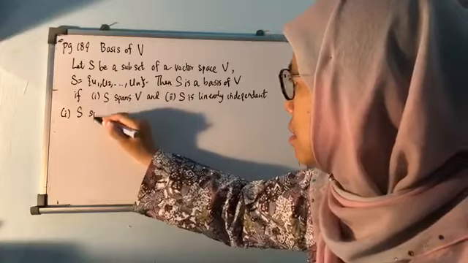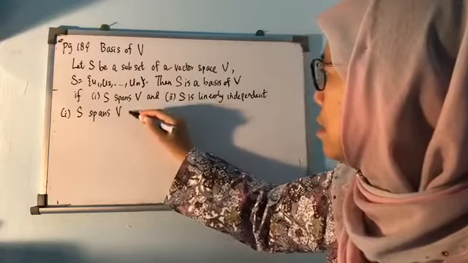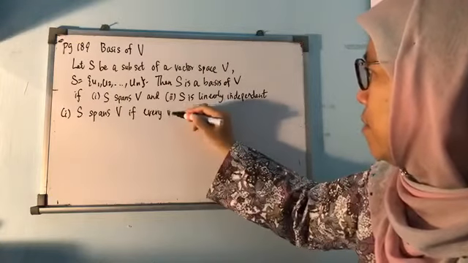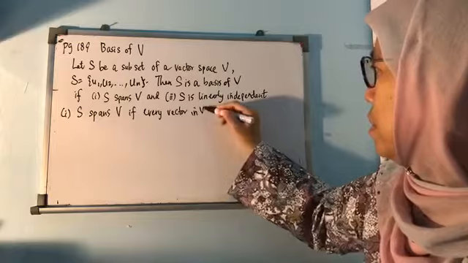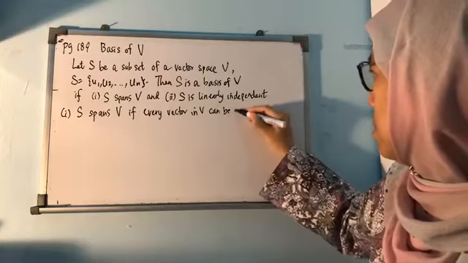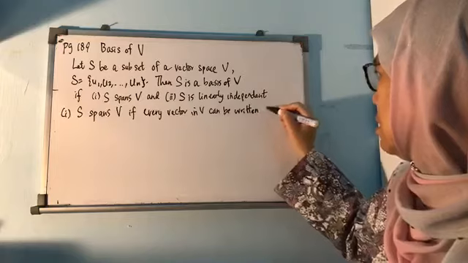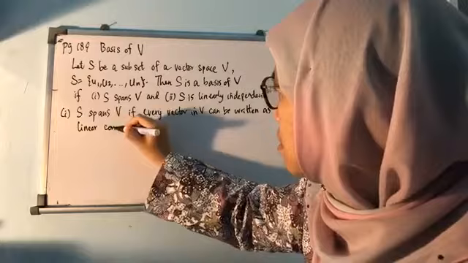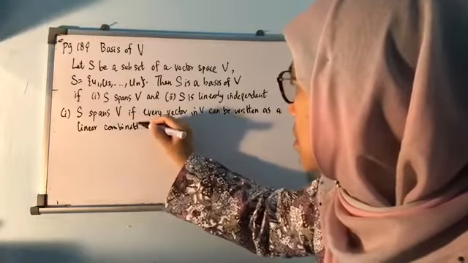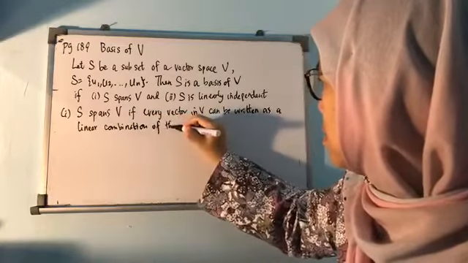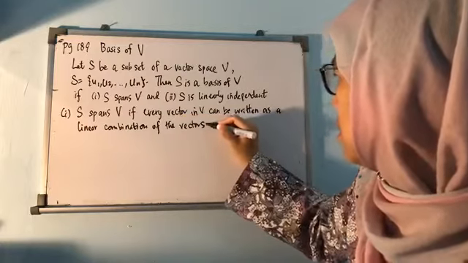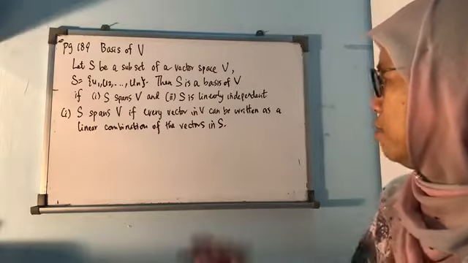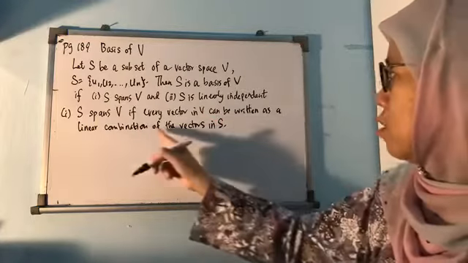Recall, S spans V if every vector in V can be written as a linear combination of the vectors in S.